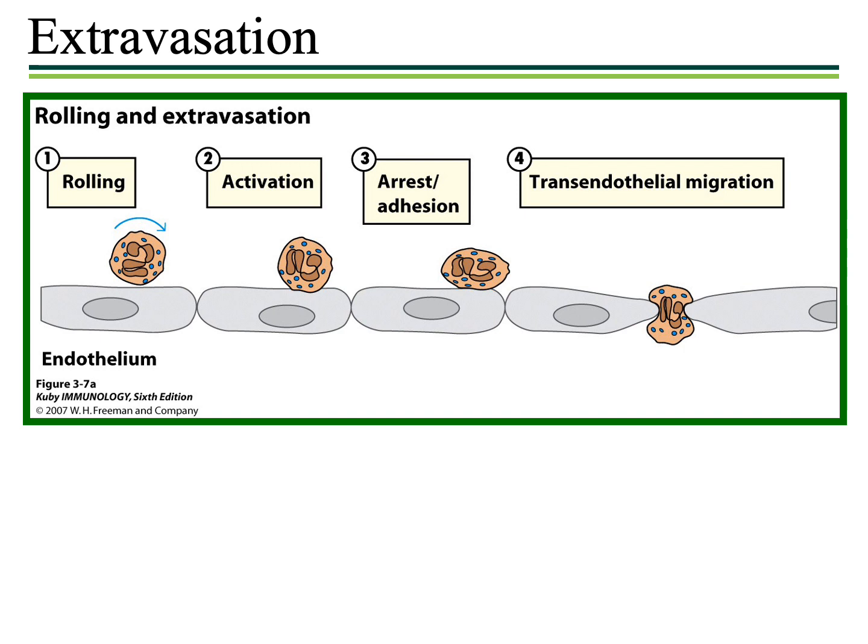The first step in extravasation is actually not part of the extravasation process. The first step is what's known as rolling. Leukocytes travel through the bloodstream with a mechanism simply referred to as rolling.